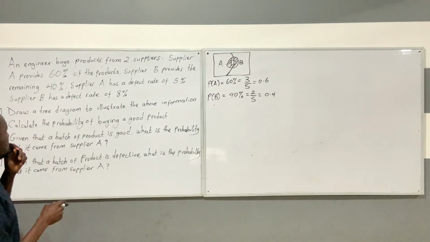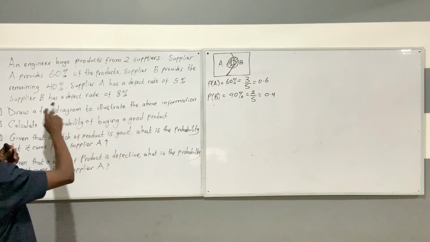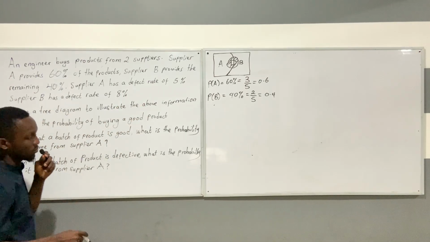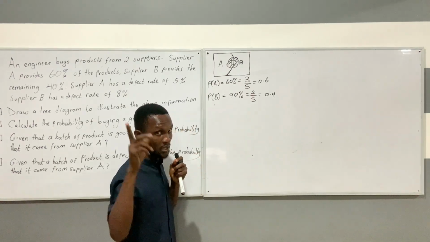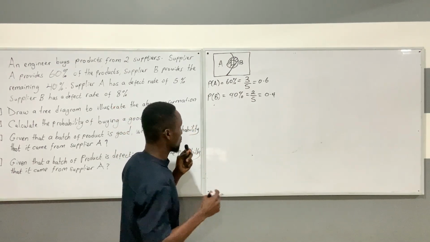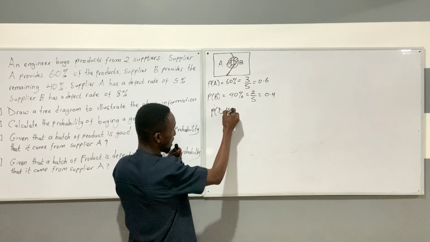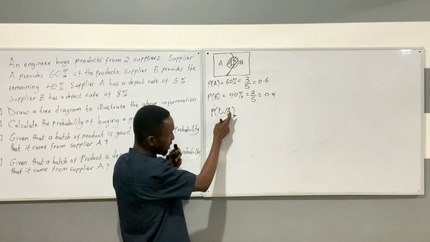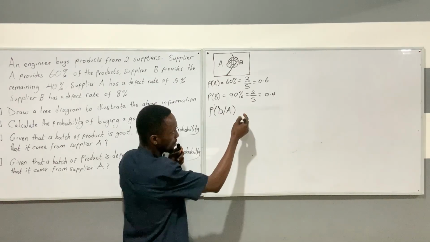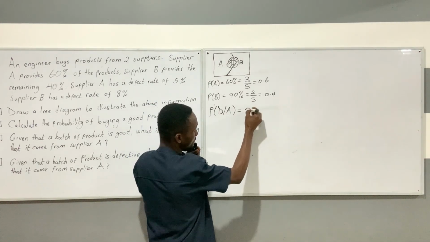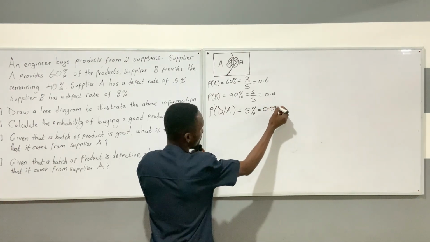Then the next thing, he said that supplier A has a defect rate of 5%, and supplier B has a defect rate of 8%. That is a conditional probability. So we learned from the introductions the conditional probability P of D given A, that is, the defectives that were recorded from supplier A. So this is 5%, giving us 0.05.